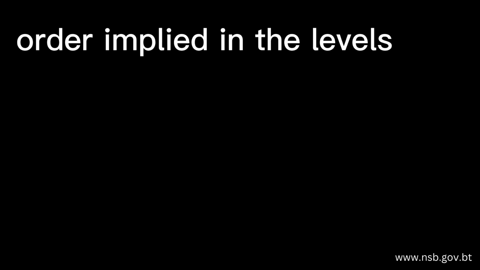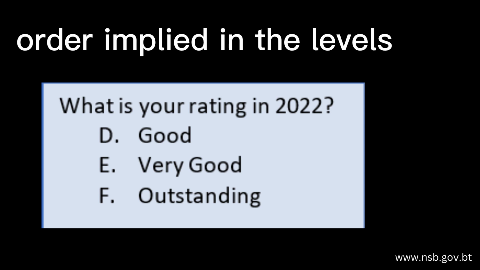For instance, if the performance of the staff is rated on a scale such as good, very good, and outstanding, this variable is a qualitative ordinal variable because there is a clear order in the levels. If you look at this diagram, there is some natural ordering, that is, the outstanding category is better than very good category, which is better than good category. But we don't know and cannot quantify how much better it is.